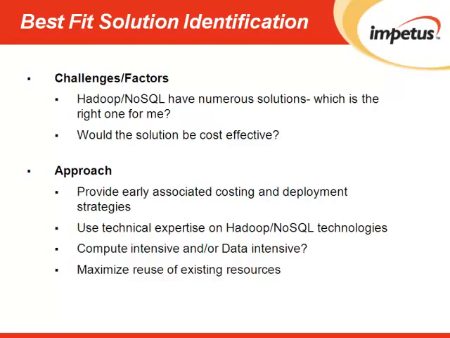Cost effectiveness is also a main challenge as the solution might cost more than expected. It is essential to gauge the actual implementation cost in the early stages so as to prevent any unnecessary expenditure on research and analysis.